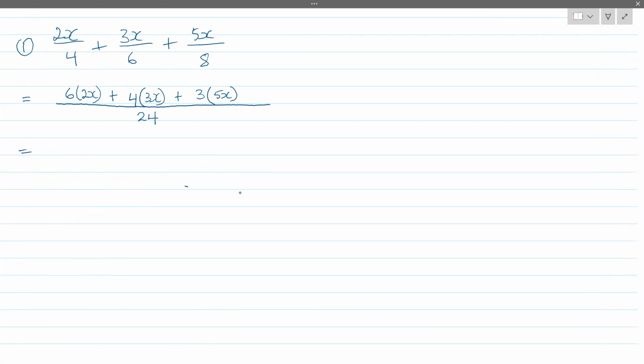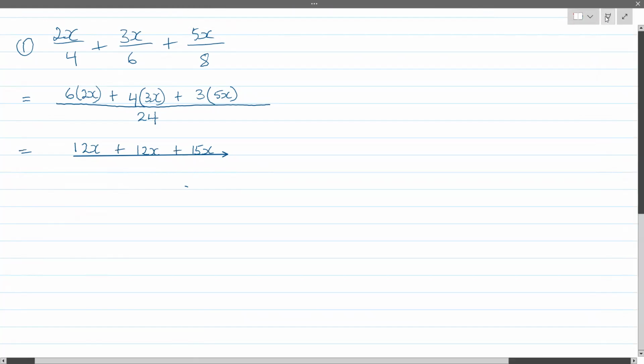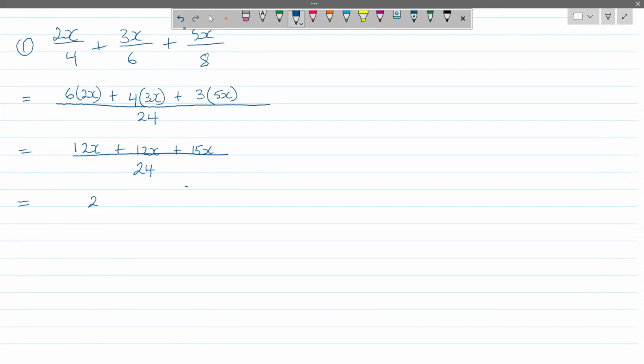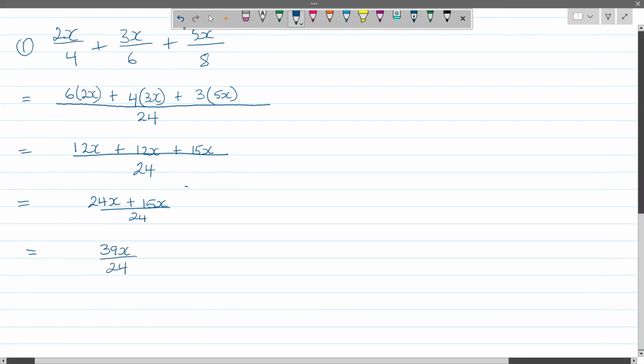We then multiply, and we'll get 12x plus 12x plus 15x. 12 and 12 is 24x. Always add from the left going across to the right, and put them in pairs. And then 24x and 15x are going to give us 39x over 24. Easy peasy. Yeah?